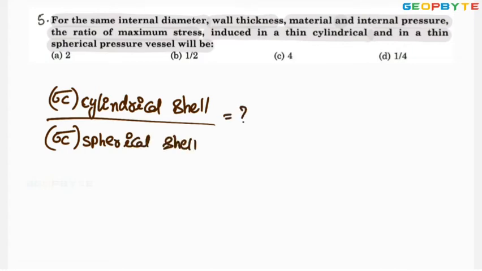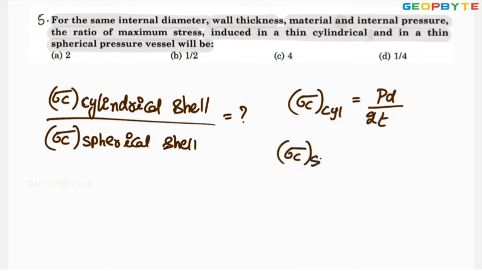Equal to how much? As we know, circumferential stress for cylindrical shell equal to PD by 2T. The circumferential stress for spherical one equal to PD by 4T.